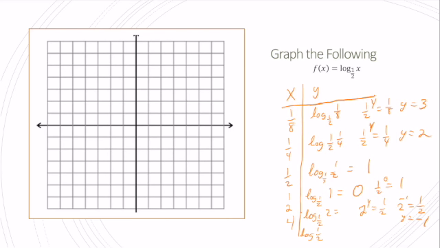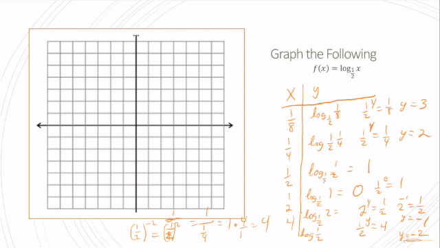If I take 1/2 to the y, that's going to give me 4. Well, y in this case is going to be -2. Because if I take 1/2 to the -2, that gives me 1 over 1/2 squared, so that's 1 over 1/4, which is the same as 1 times 4 over 1, which is 4. So I would get y is -2.